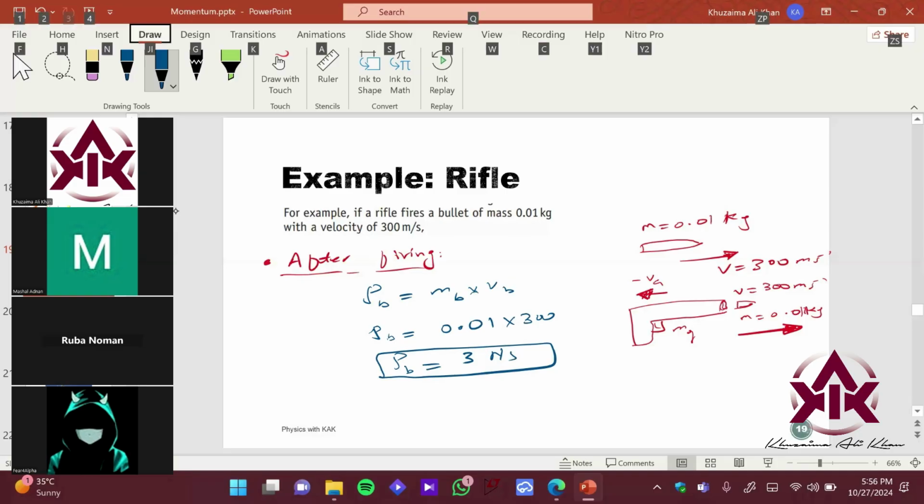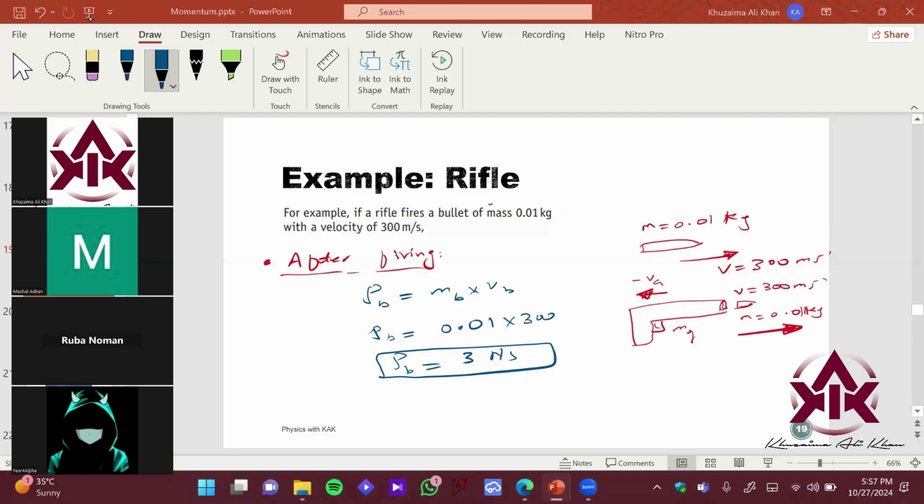Okay, so what is happening over here now? Can you explain, if you use the principle of conservation of momentum? The momentum which is transferred to the bullet is also transferred equally back to the gun.